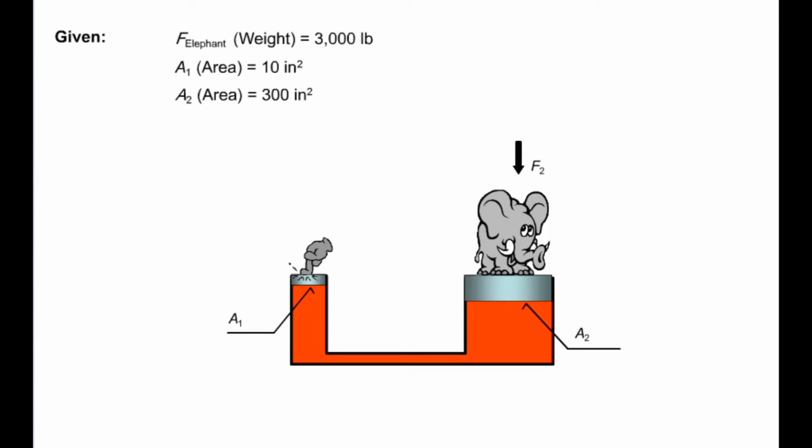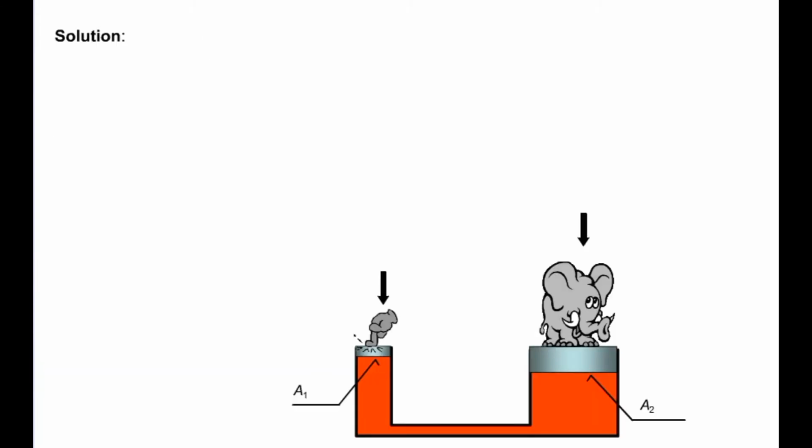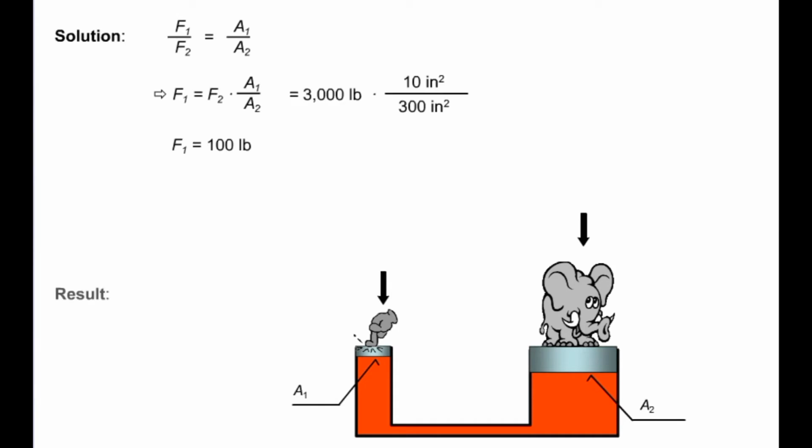The effective surface areas are 10 square inch and 300 square inch respectively. We need to know the necessary force to be applied in order to lift the elephant. In order to solve the problem, we must rearrange our formula for pressure equilibrium in order to isolate the required variable. Calculating, we obtain the value of F1, 100 pounds.